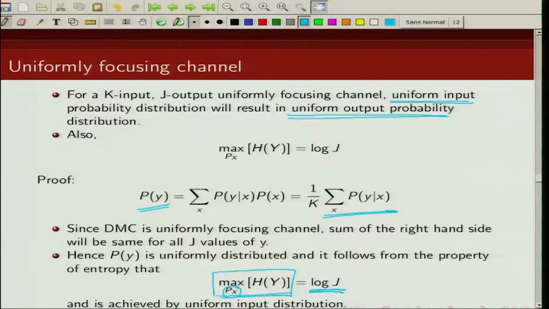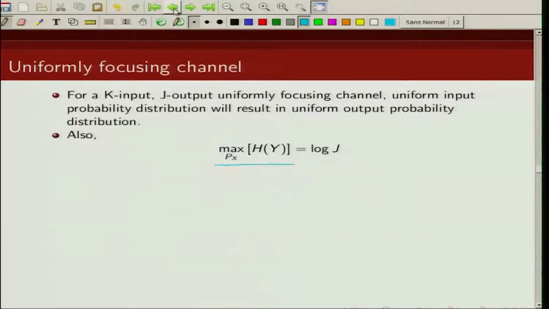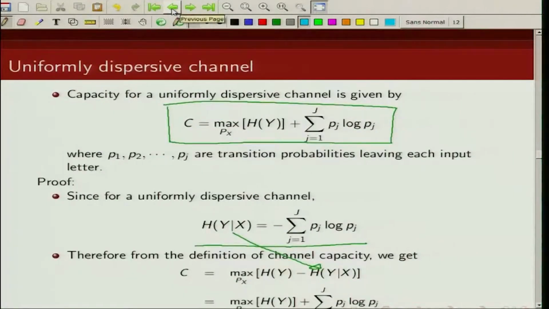Now what about channels? If you noticed, for a uniformly focusing channel we were able to get the maximum value of this, and for a uniformly dispersive channel we were able to get the expression for h of y given x. So, what if a channel is both uniformly dispersive and uniformly focusing?